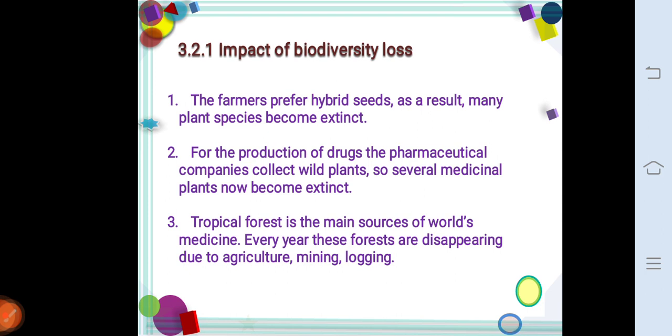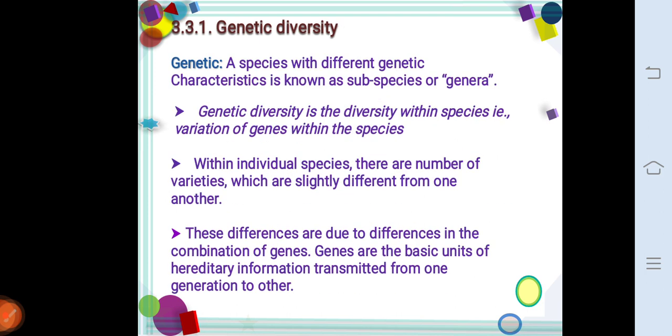And species biodiversity. A discrete group of organisms of the same kind is known as a species. Species diversity is the diversity between different species; the sum of varieties of all organisms at the species level is known as species diversity.